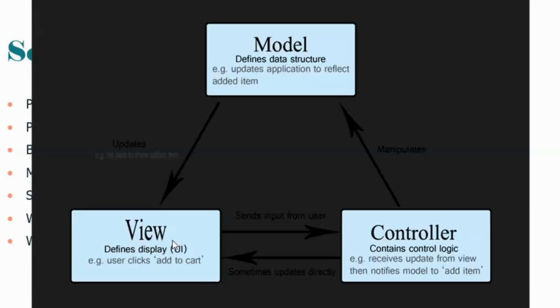So you have your view here, which is your UI that you see on the screen, and it talks to the controller, which is sort of like your business logic. And then the controller then talks with your database in the back end. And then the database then can send information to the view, or the controller can respond back to the view.